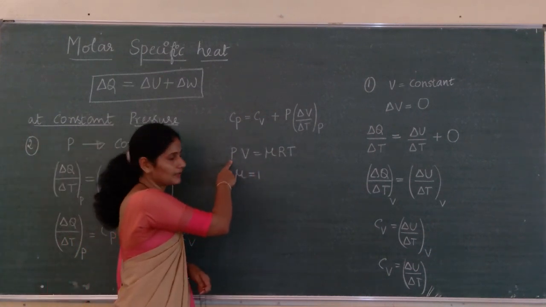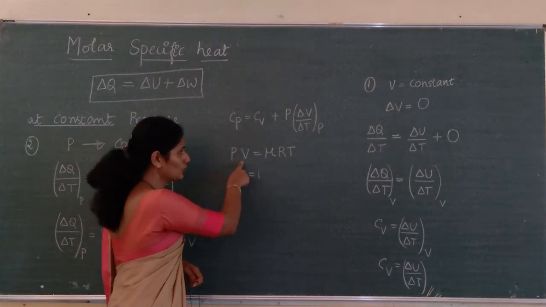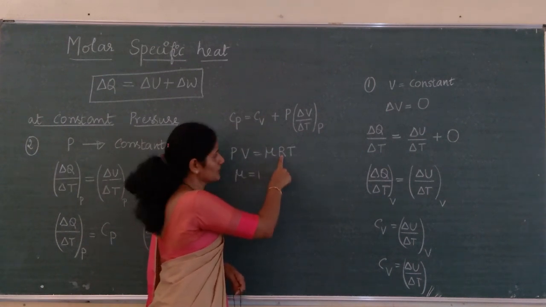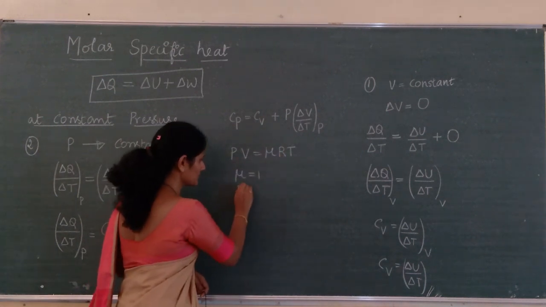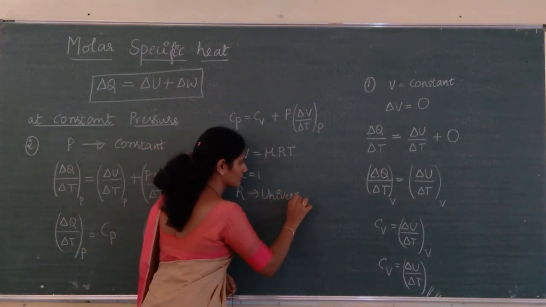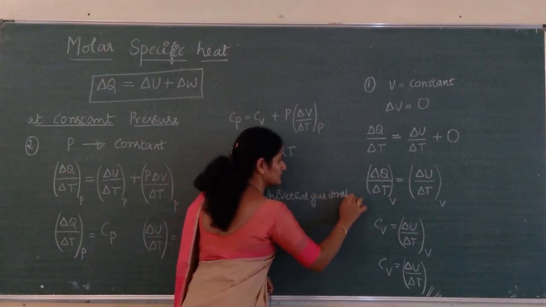P is the pressure, V is the volume of the system, R is the universal gas constant, which is always constant.